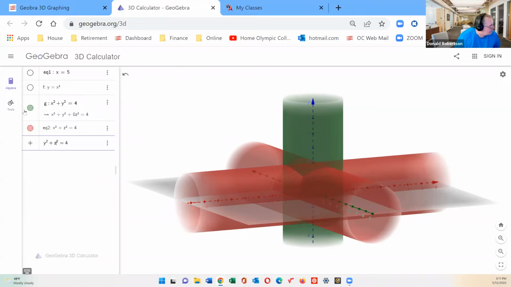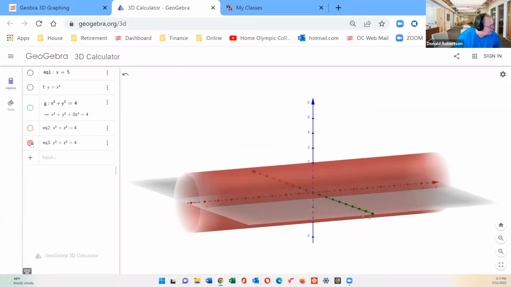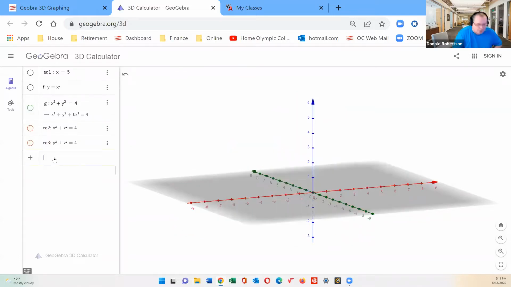Now, the last one that I want to talk about is this one here. I'm going to do X squared plus Y squared plus Z squared equals 4. What will that look like in 3D?